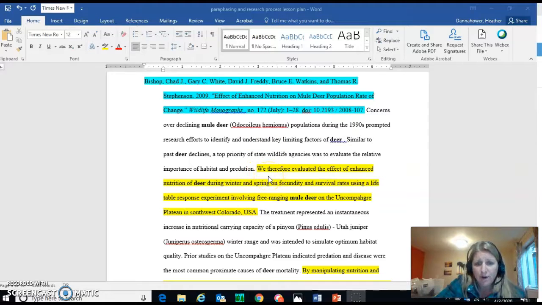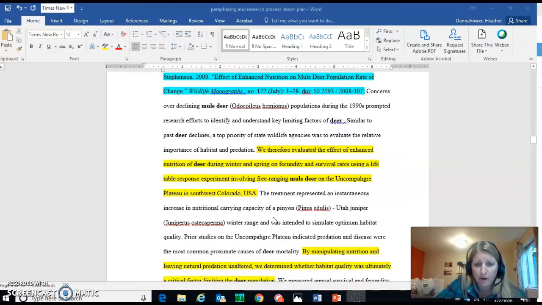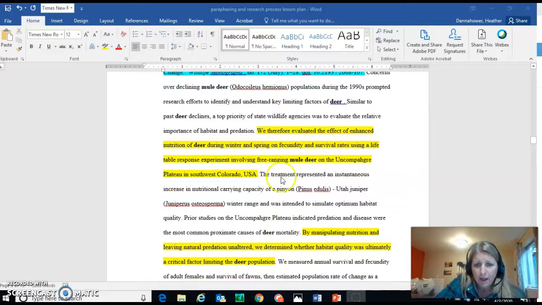It says, we therefore evaluated the effect of enhanced nutrition on deer during winter and spring on fecundity and survival rates using a life table response experiment involving free-ranging mule deer on the Uncompahgre Plateau in southwest Colorado. If I keep reading, and you could read in the middle if you want, by manipulating nutrition and leaving natural predation unaltered, we determined whether habitat quality was ultimately a critical factor for limiting mule deer populations.